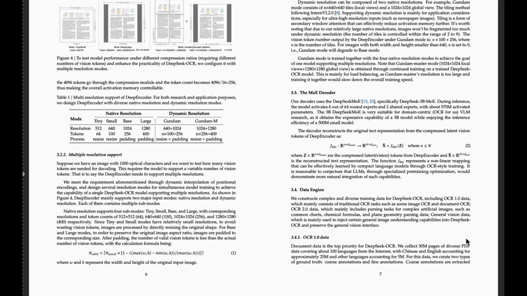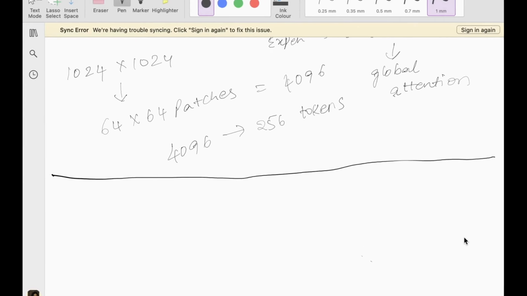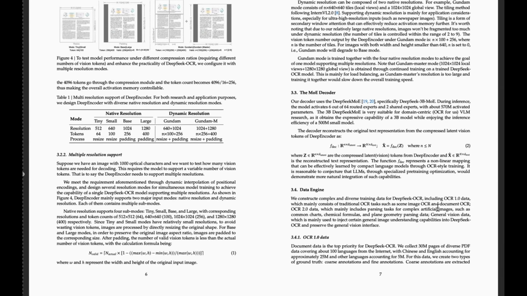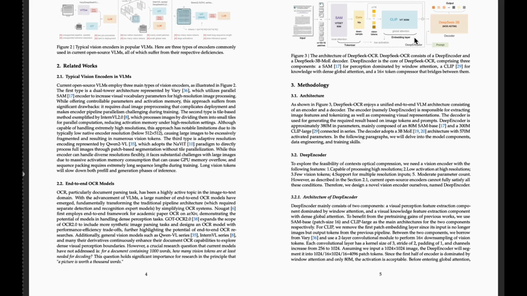All right. So we have compressed our image into vision tokens. Now we need to decode those back into text. If you notice figure three, which was over here, we can also notice that there is a DeepSeek 3B MOE, which is a mixture of experts model.